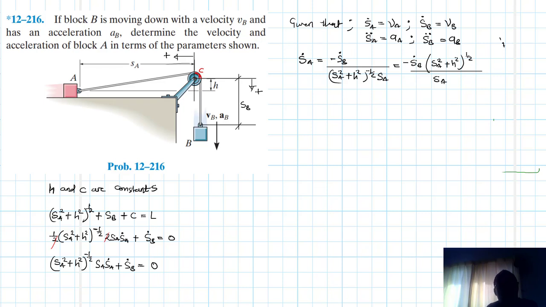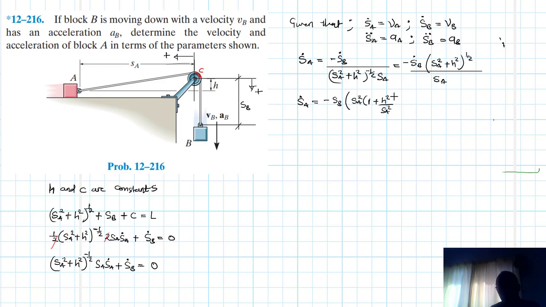We can factor out, so SA dot is equal to minus SB dot, we factor out SA, so we have SA squared plus H squared, divided by SA.